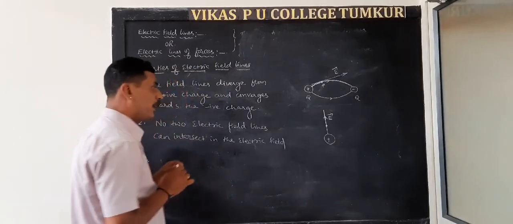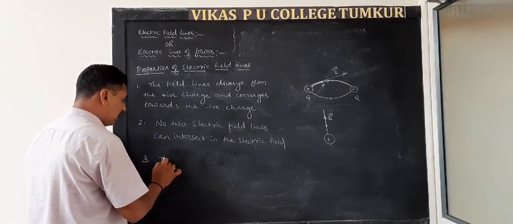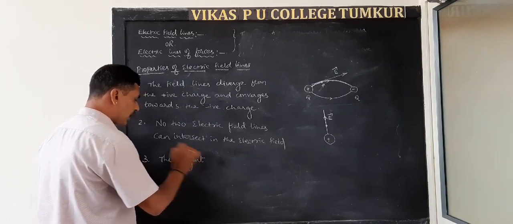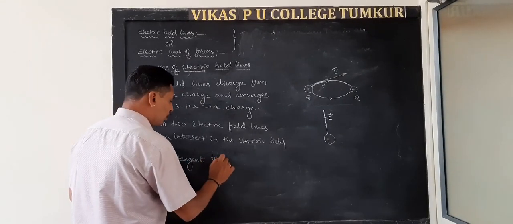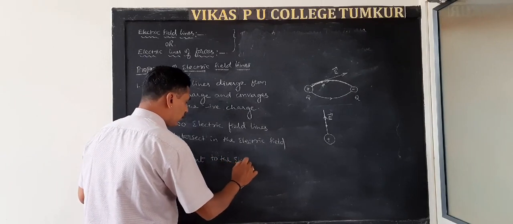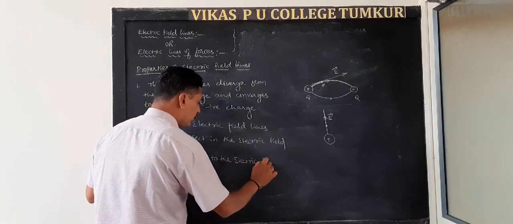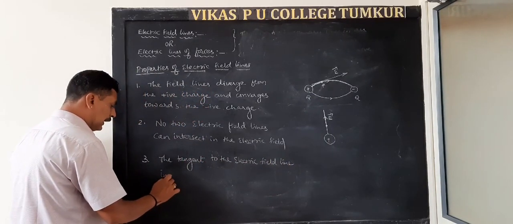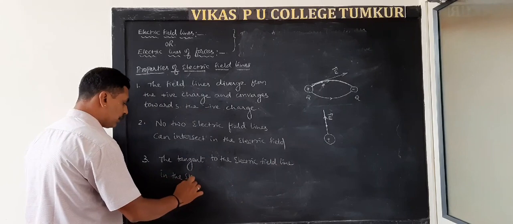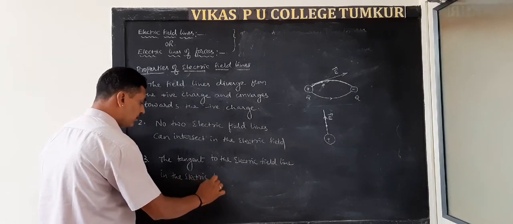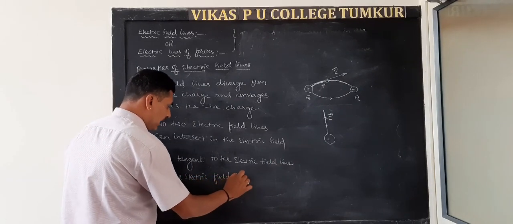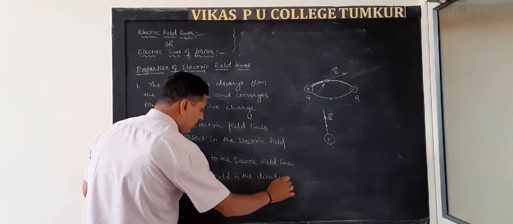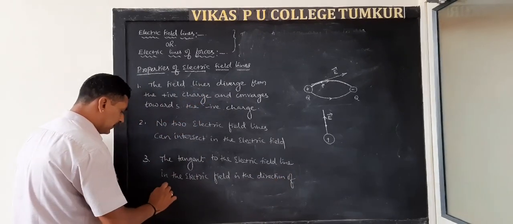So the third point is the tangent to the electric field line in the electric field is the direction of electric intensity.